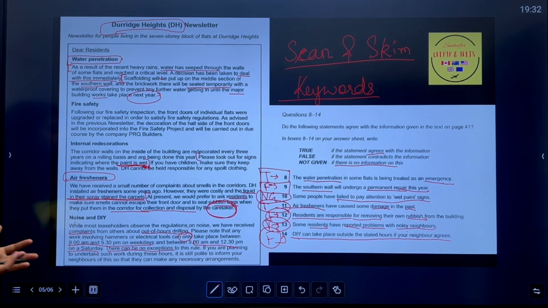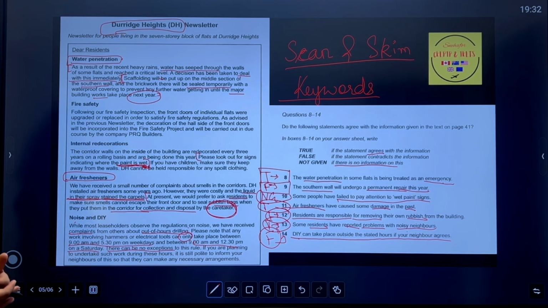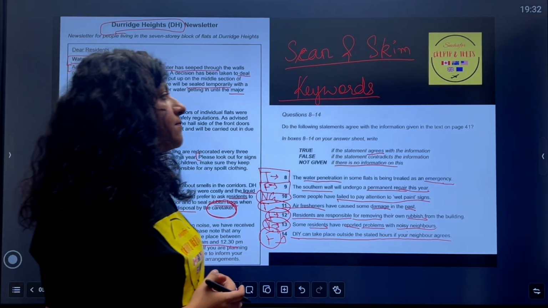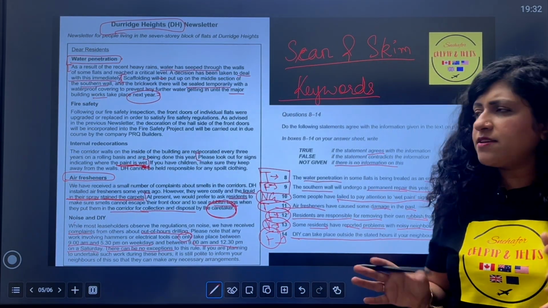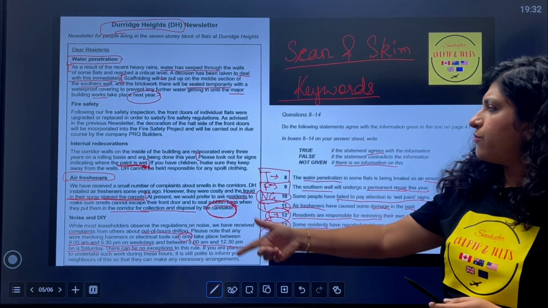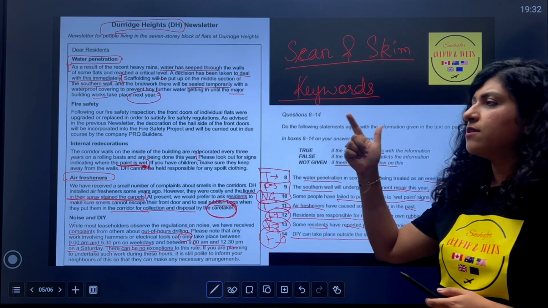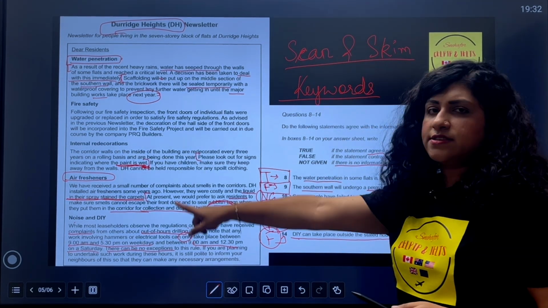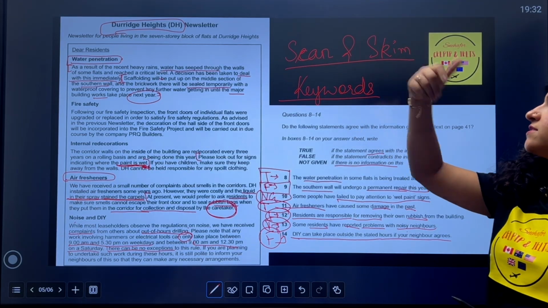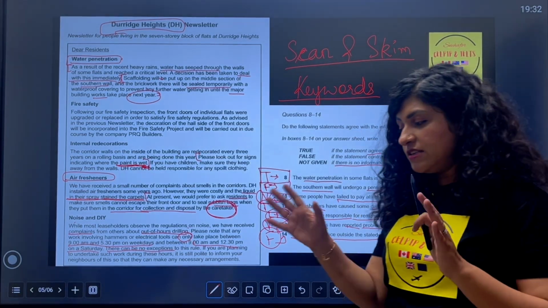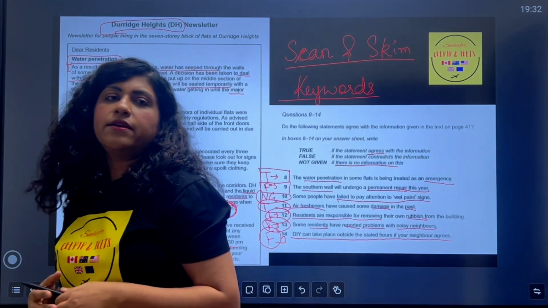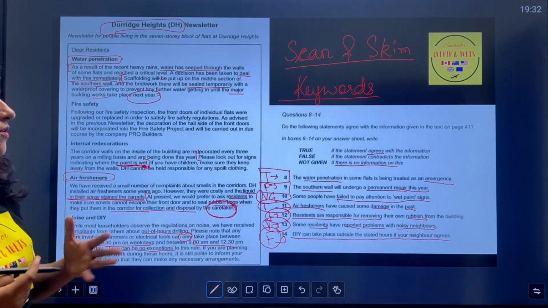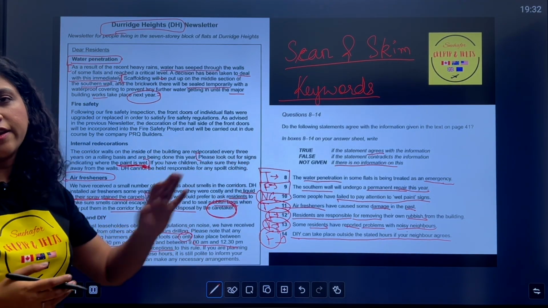So this is how you solve true, false, not given types of question. Just remember some things: what is the meaning of true, what's the meaning of false, what's the meaning of not given. Then these questions follow the order of the text. You will be scanning, you will be skimming, right? So these are the things that you will be combining to solve your questions of these types.